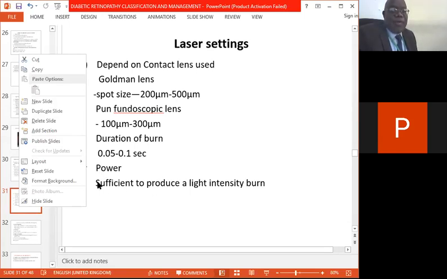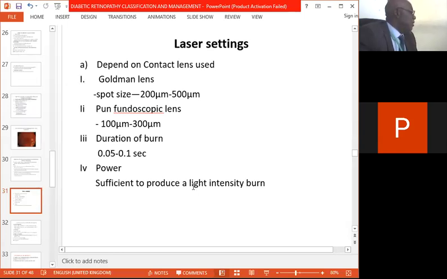There must be power sufficient to produce a light intensity burn. If you are not sure, you start slowly and see. But usually people, when they go to that stage, they've had the training and they know what appears to be good power. If you haven't been doing this before, this is something people will learn from the other surgeons.